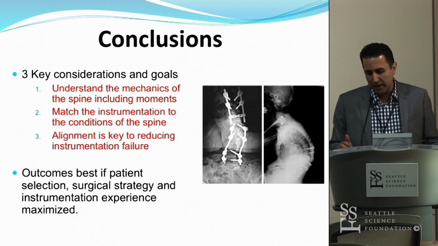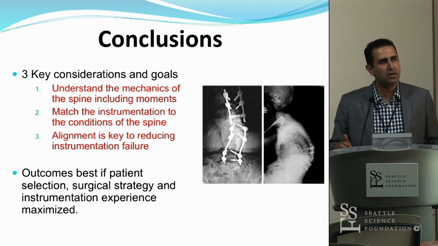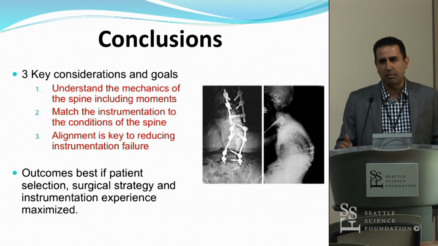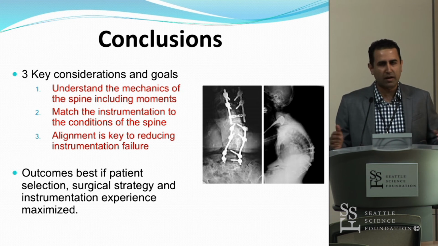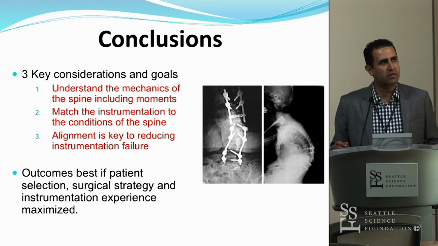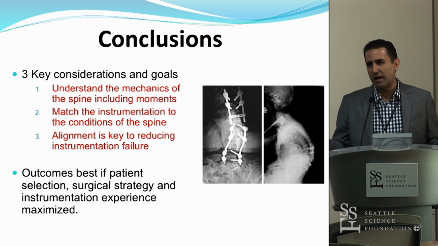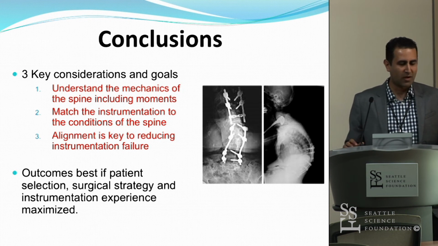So an osteoporotic elderly spine is treated with a different implant potentially compared to somebody much younger. And alignment, as you've heard right throughout this weekend, is the key to reducing instrumentation failure. Your outcome is best if you maximize everything: your patient, your instrument, and yourself. Okay, thank you.